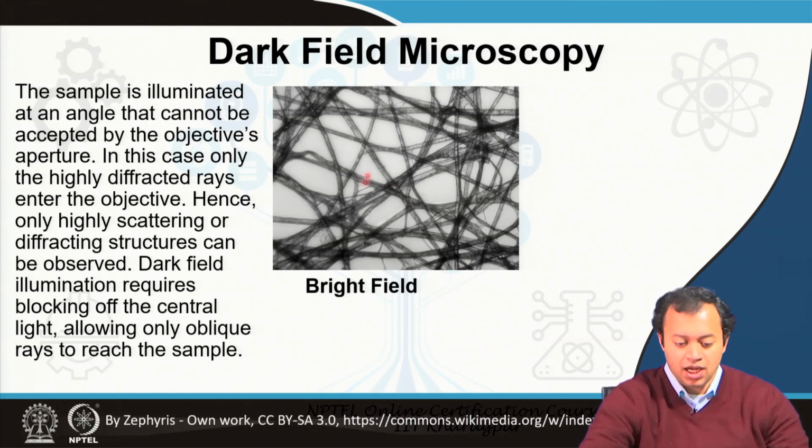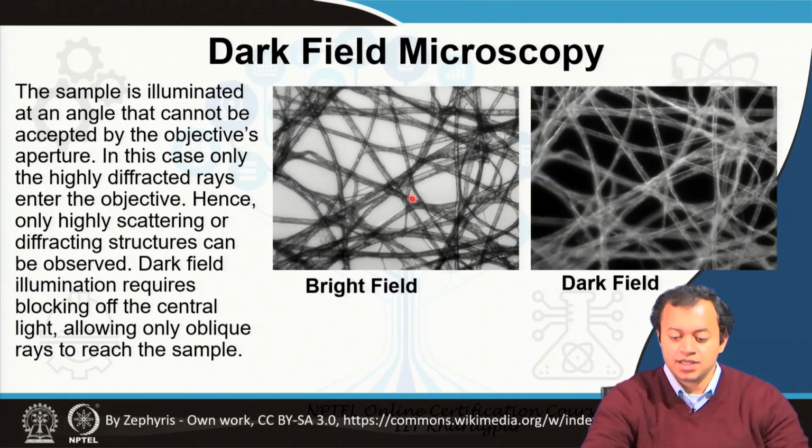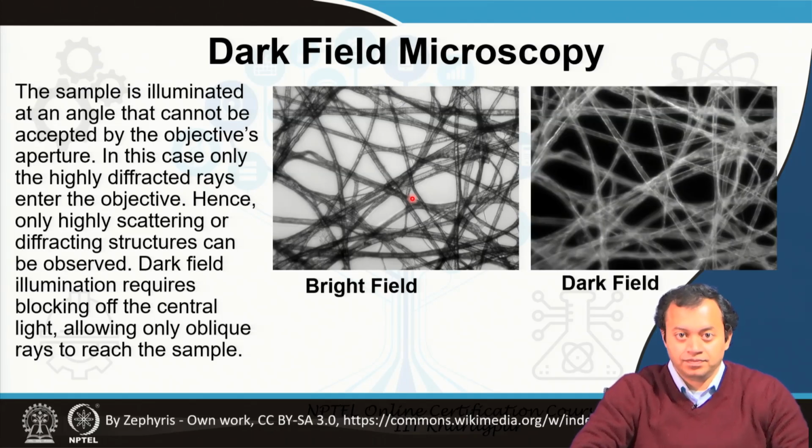These are the strands, the straws that make up the entire tissue paper matrix, and this is the bright field where all of them are illuminated together, and this is the dark field image.